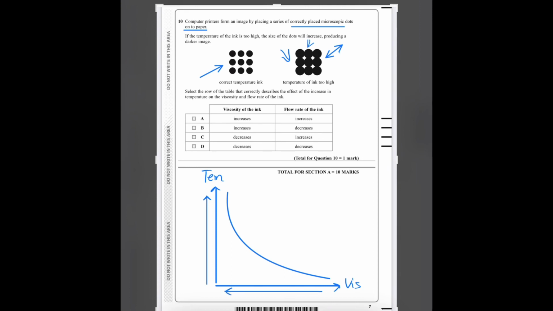And viscosity is basically the resistance to flow, right? So since the viscosity is decreasing, the resistance to flow is also decreasing, so the flow rate would increase. So the correct answer is C.